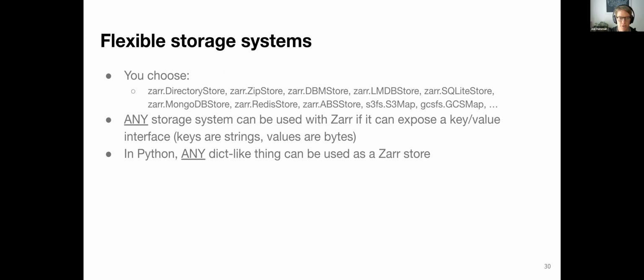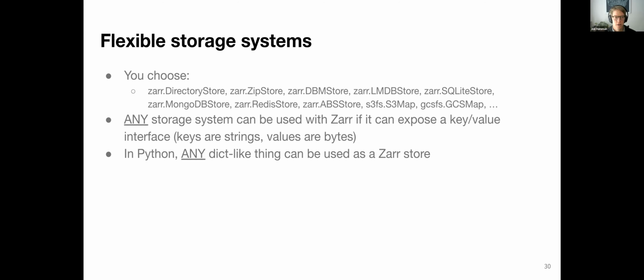We used the directory store, that's the first one in the list here. We could have used a zip file and packaged everything into a single file. Or there's a long list of other database or key value store like data formats that we could have used. At the end, I list off a bunch of cloud object stores. So Azure Blob Storage, S3, Google Cloud Storage, those are all options as well.